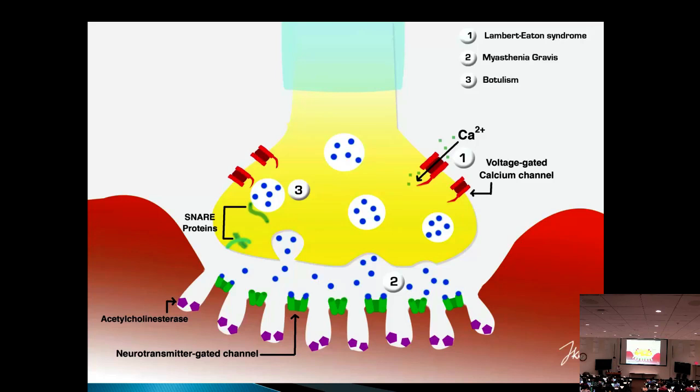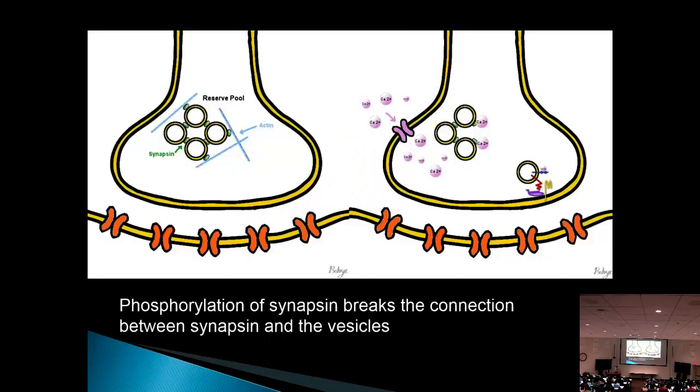Botulism impairs the snare proteins, which are critical here in this fusion process, and then Myasthenia gravis is postsynaptic. Okay, so this is where these nicotinic receptors are located on muscle. Okay, and so in Myasthenia gravis, we have antibodies here against the nicotinic receptors.